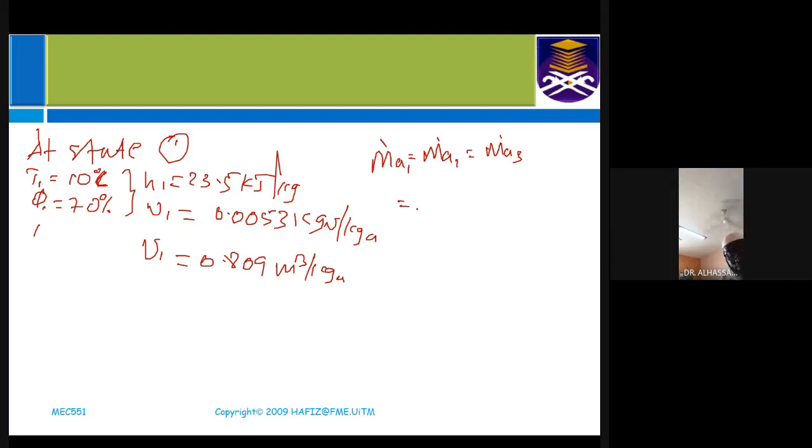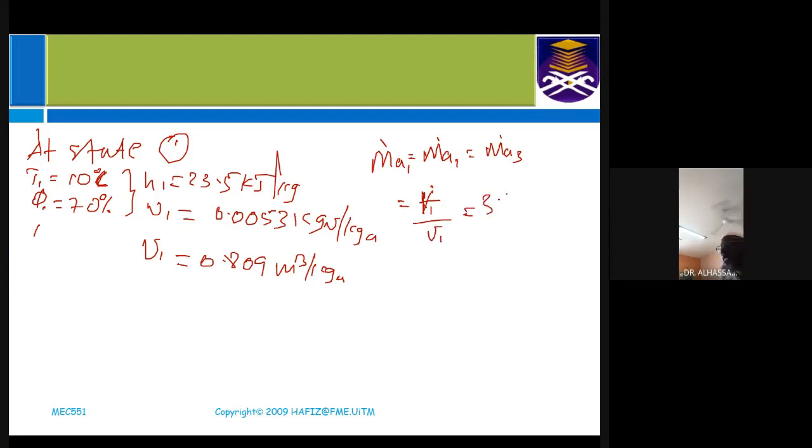And this gives me the volume flow rate at state 1 divided by specific volume at state 1.